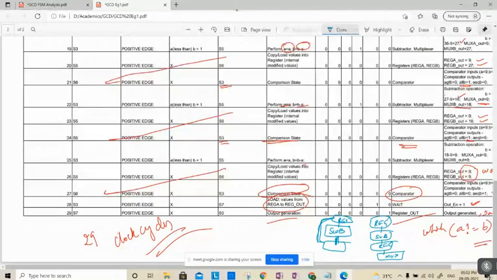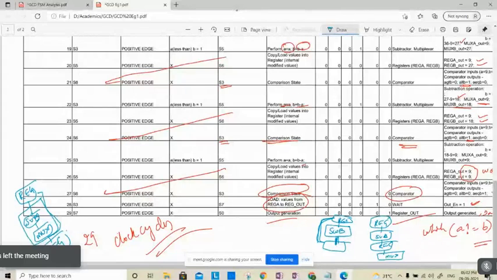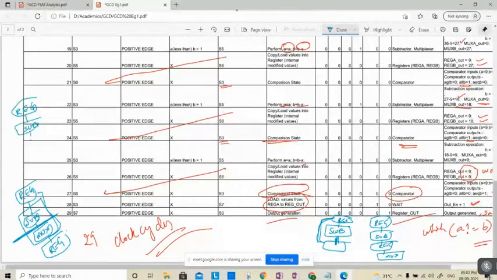Now what is happening here is these two are not depending upon the clock signal, positive edge, negative edge, positive level, negative level, no relation. You give it, so in a single clock cycle, subtraction may take place and multiplexer may take place. So that's the reason you are supposed to calculate both the delays of this. Now what I am doing is I am splitting this: register, subtractor, a register, and multiplexer.